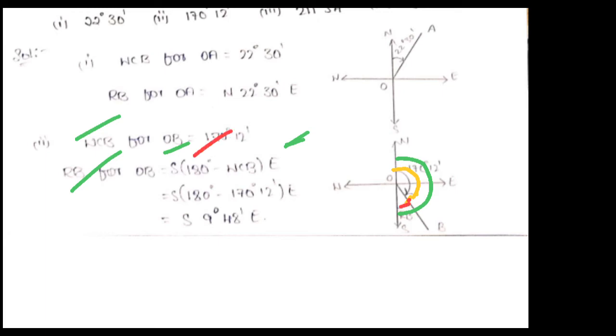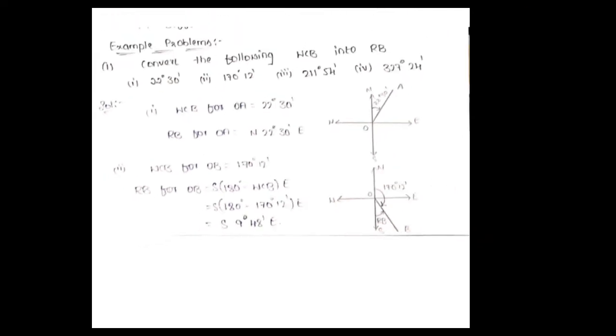Therefore 180 degrees minus 170 degrees 12 minutes gives south 9 degrees 48 minutes east. So the RB of the above given WCB is south 9 degrees 48 minutes east. This was the second one.